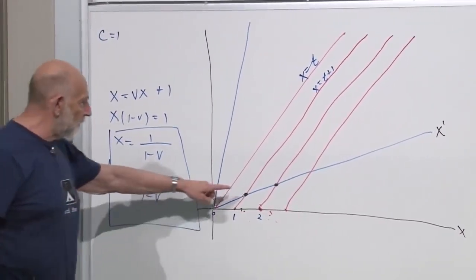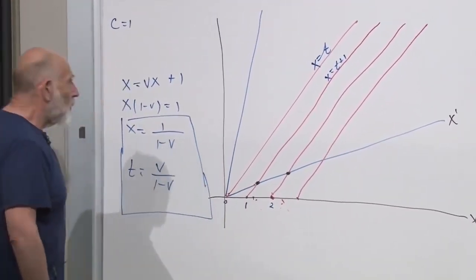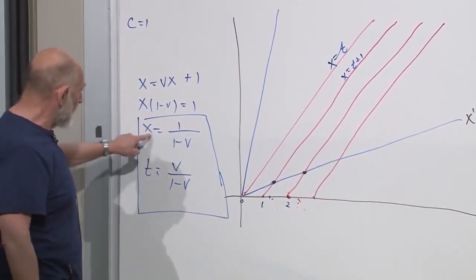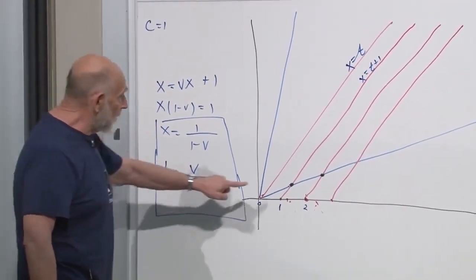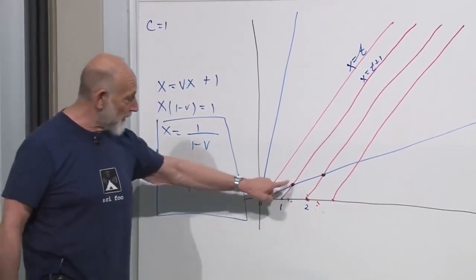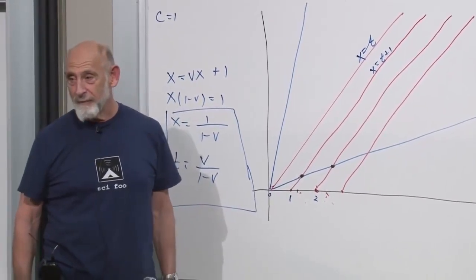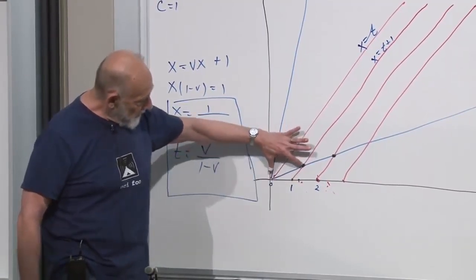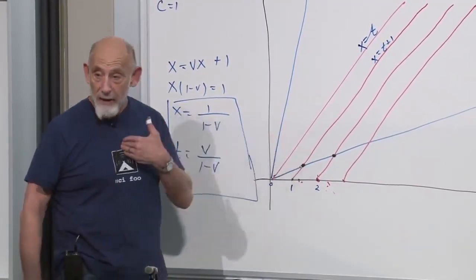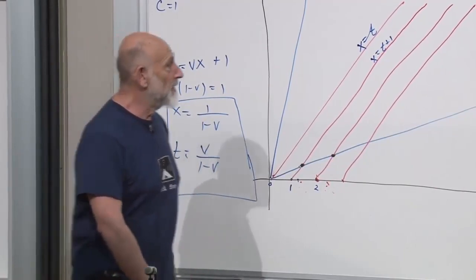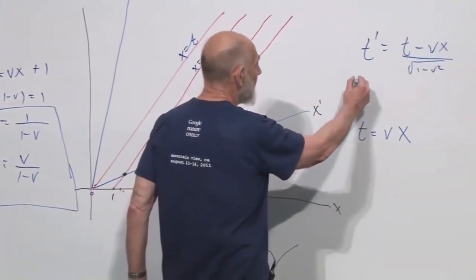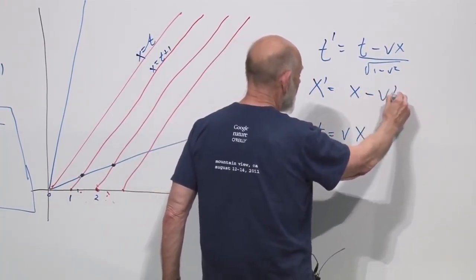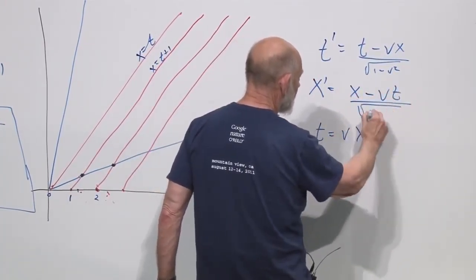All right, now we would like to find out, the simplest thing to do now is to figure out, we know t and we know x. What would I really like to know about this point over here? I'd like to know x prime. I would like to know the distance between successive minima in my frame, the primed frame. So we go to the primed frame. X prime is equal to x minus vt over square root of 1 minus v squared.